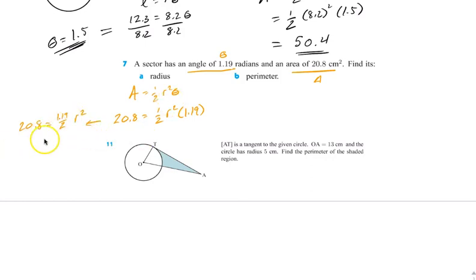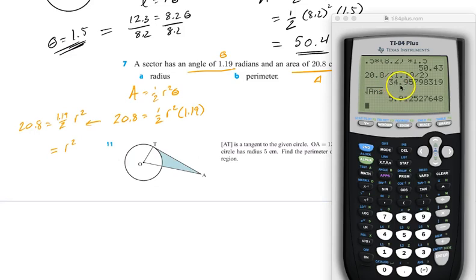I'll use my calculator, and I get 34.957. And then you want to get r by itself, so let's square root both sides. And again, you can see I already did it, it's 5.9125, or r equals 5.91 if we're using 3 sig figs.